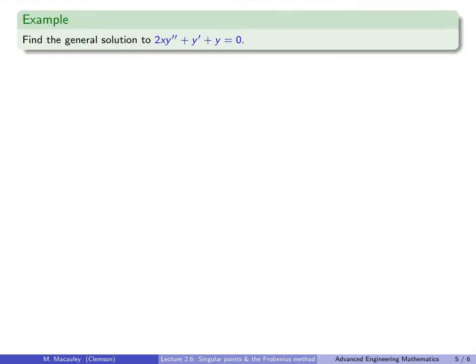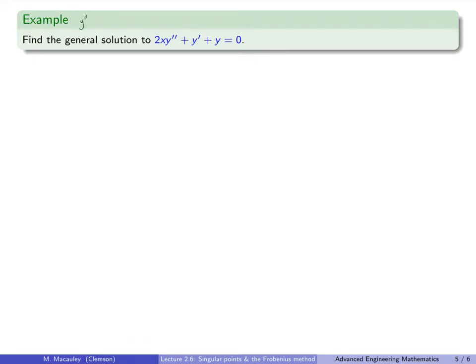Let's do an example. So let's find the general solution to the following ODE. This is a second order homogeneous equation: 2x y double prime plus y prime plus y equals 0. Okay, so just for good measure, let's divide by 2x, so we make this monic.